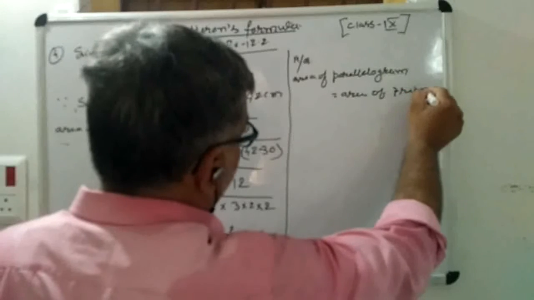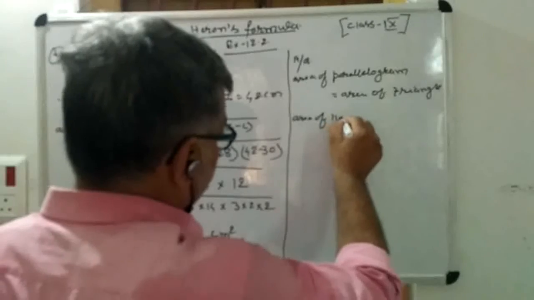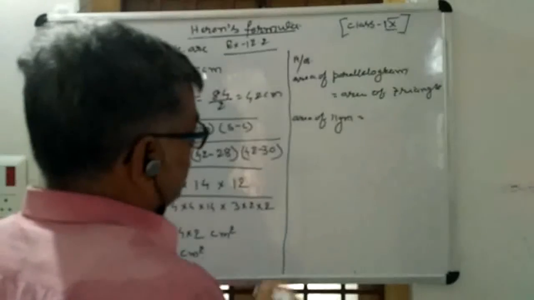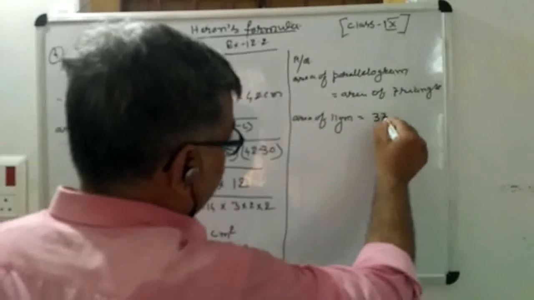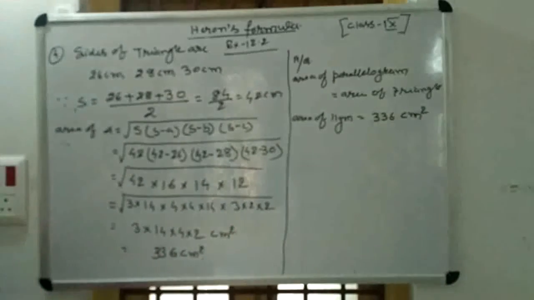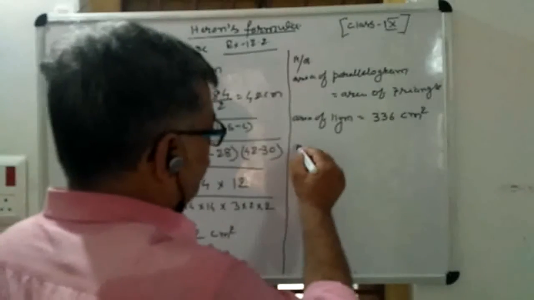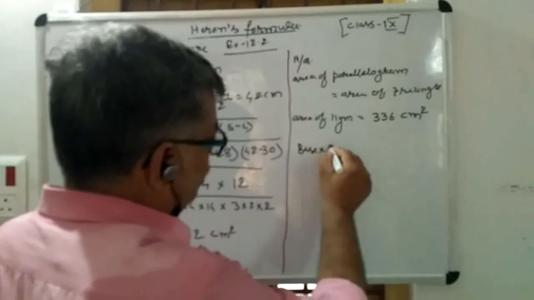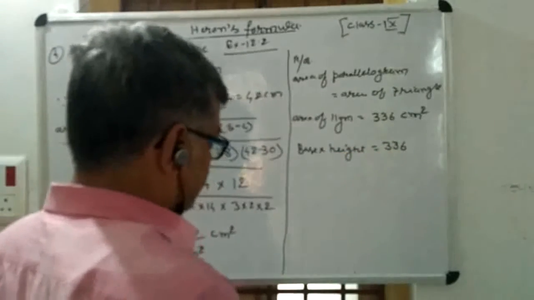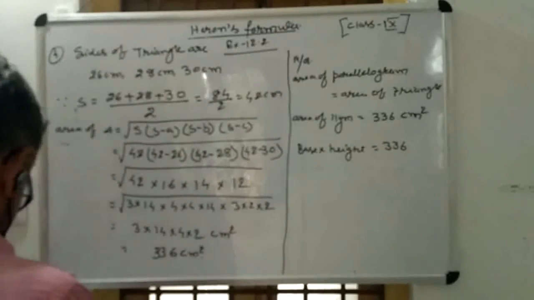So we have area of parallelogram, which we write in the short form like this, parallel and GM, is 336 centimeter square. And we know that area of parallelogram is equal to base into height. Base into height equals 336. So the base of the parallelogram is given.